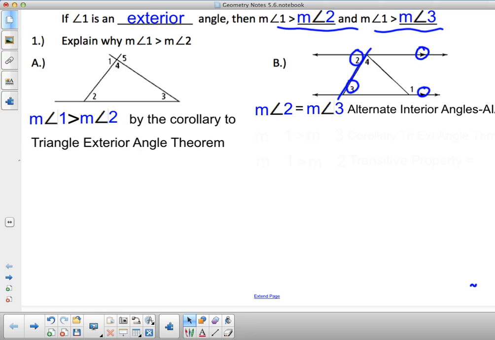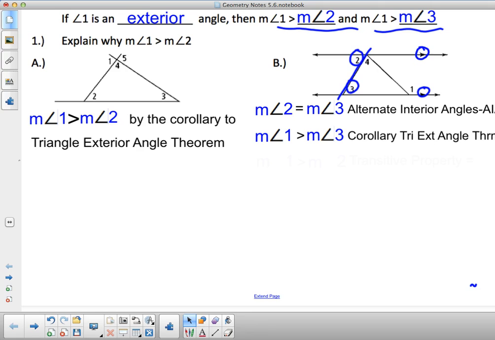And then I know that 1 is greater than 3 because of the corollary of the triangle exterior angle theorem. I know people are like, Bloom, where did you see the corollary triangle exterior angle theorem? I kind of truncated it because otherwise it wouldn't fit on my page.